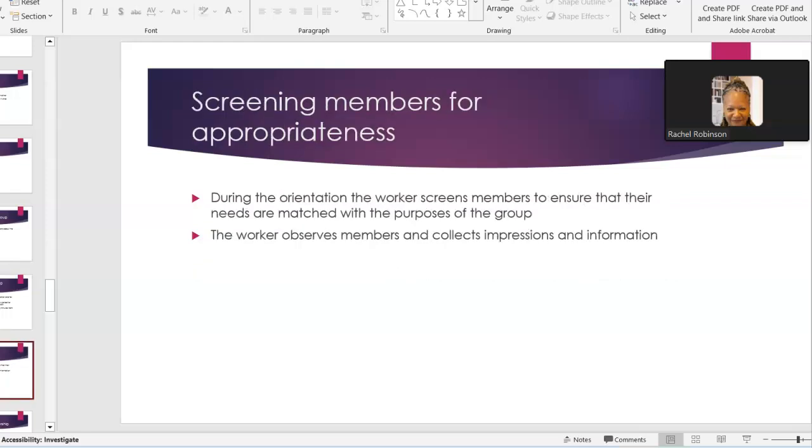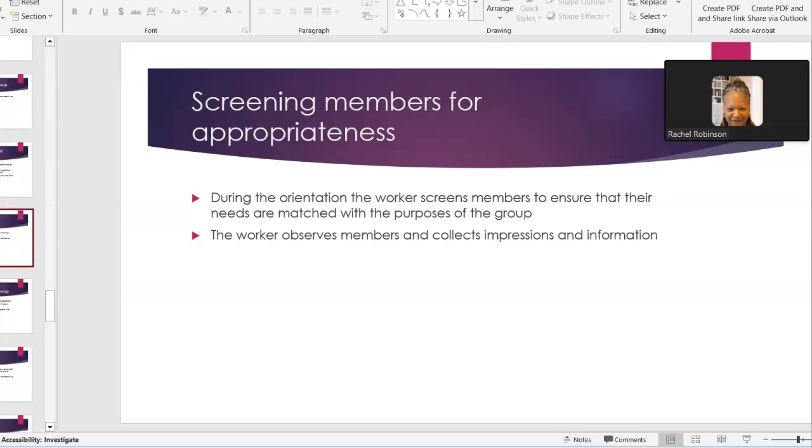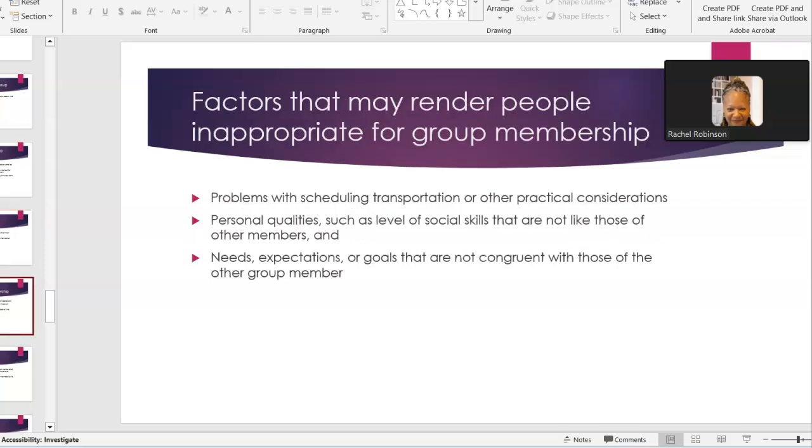So once again, screening members is you want to make sure that there's a match between the purpose of the group and the characteristics and the personality of the group members. And also making sure that you as the worker are able to look at and get some impression of the potential group members.